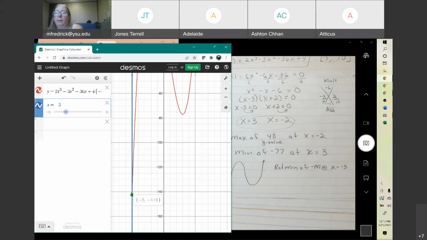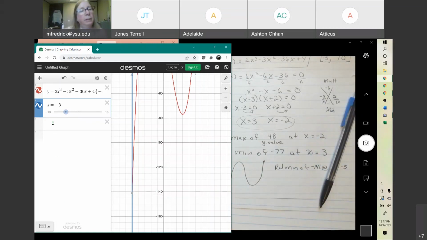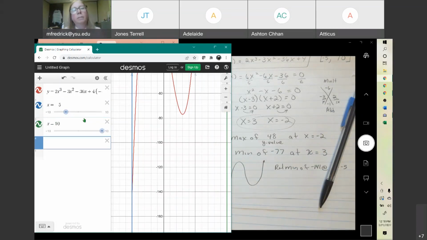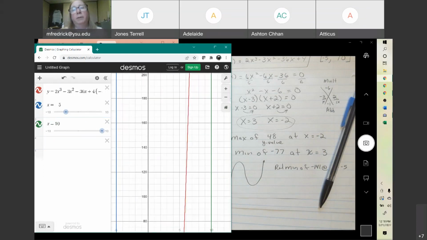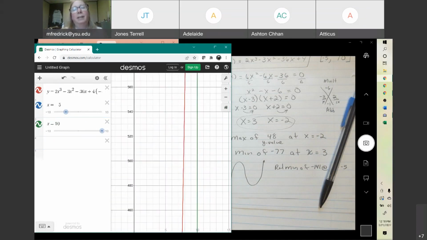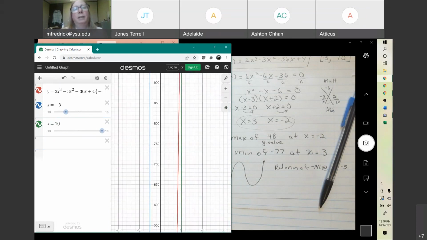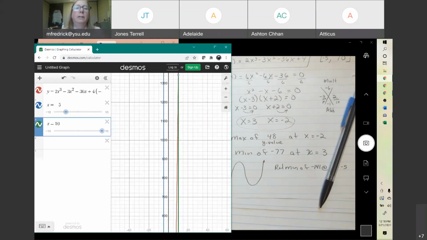If we wanted to find the other endpoint, the 10, click here, and we can put x equals 10. And then it's that green line, so now we need to see where the green line intersects the red. So we'd move up, pretty far up. It's right around here.